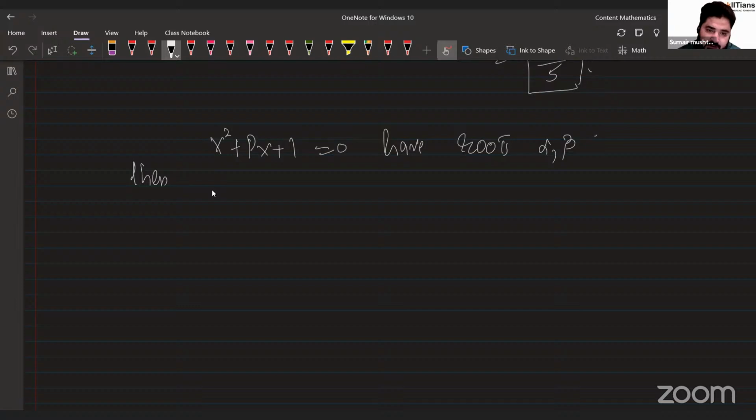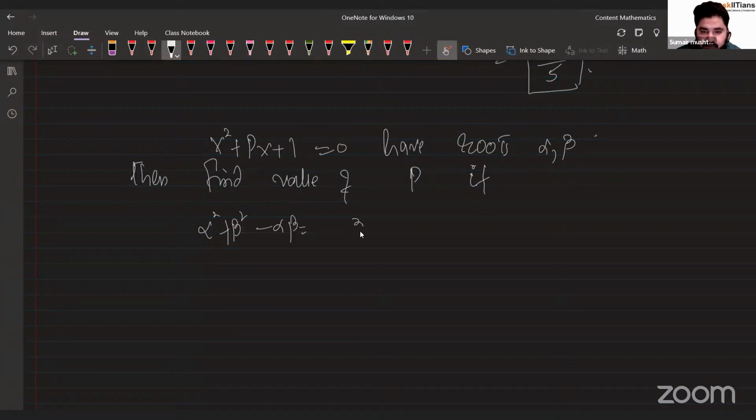Then find the value of p, if alpha square plus beta square minus alpha beta is equal to 3 1 upon 4. Yes. Anyone among you can do it?